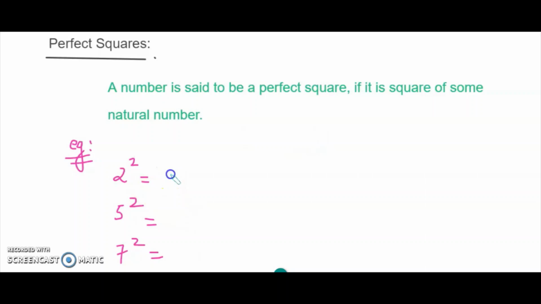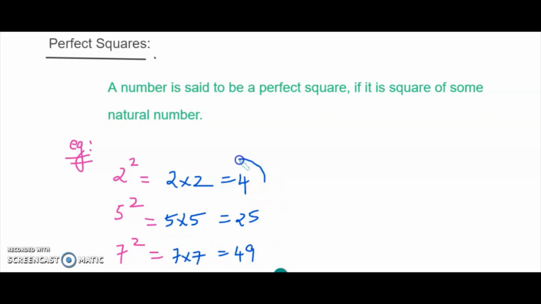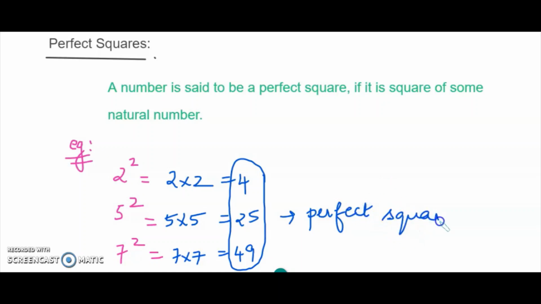So let's quickly write down: 2 square means 2 into 2, which is 4. 5 square is 5 into 5, which is 25. 7 square is 7 into 7, which is 49. So here 4, 25 and 49 are called perfect squares. Hope the definition of perfect square is clear. The answer that you get after squaring a number is called a perfect square.